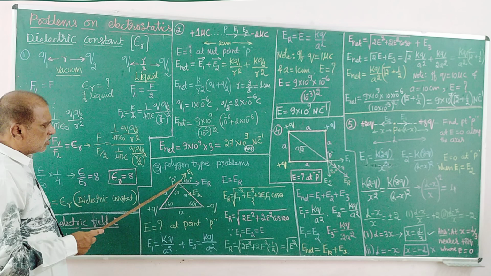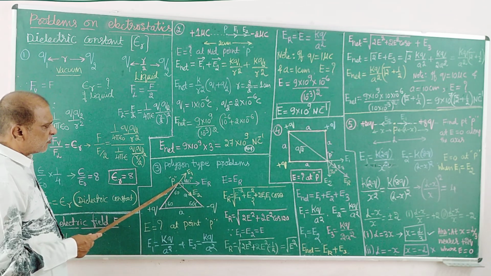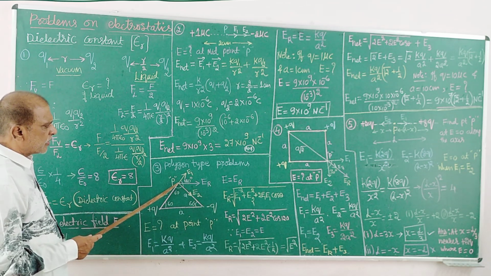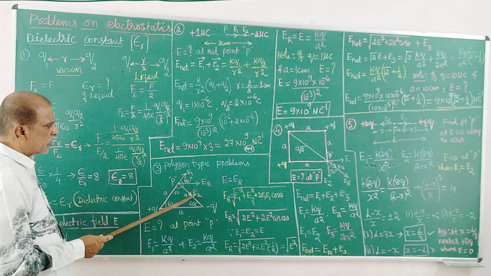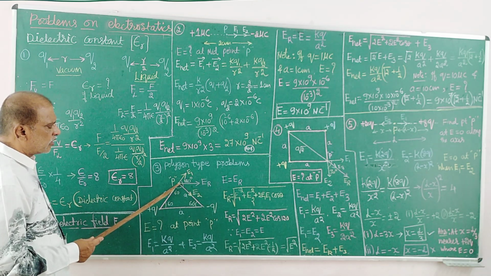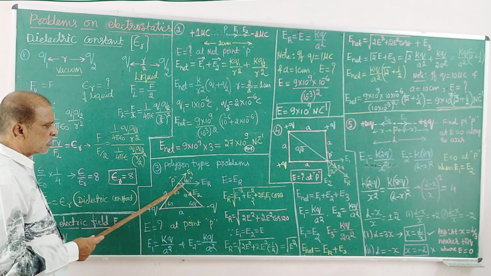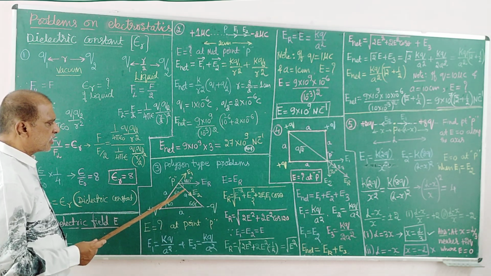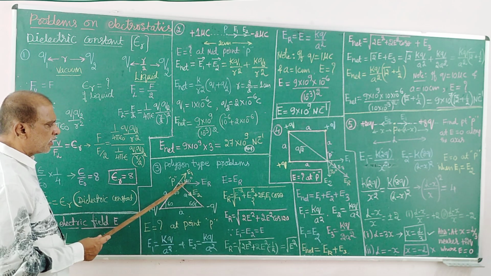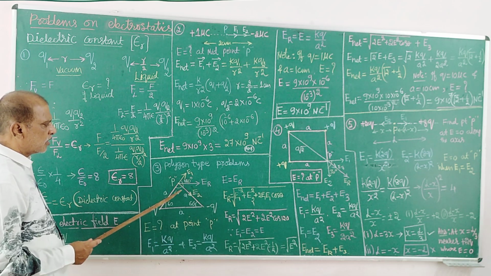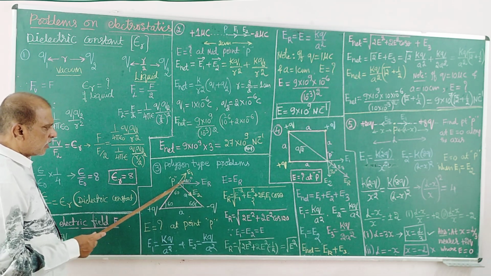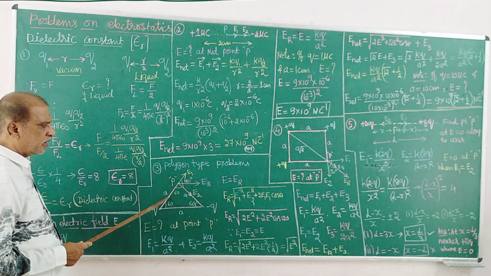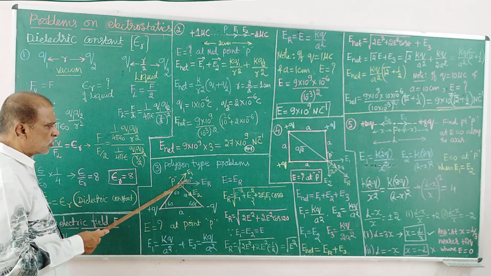Now, what is the net electric field at the point? Because two electric fields are operating, E1 and E2, but the directions are different, not along the same direction. One is like this, one is like this. The difference in direction is a 120 degree angle. Why 120 degree? This is 60 degree, and the angles of a triangle sum to 180. 180 minus 60 is 120.